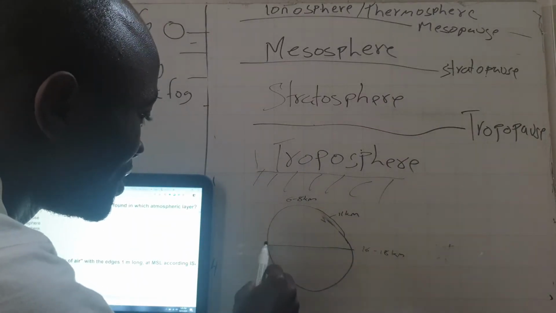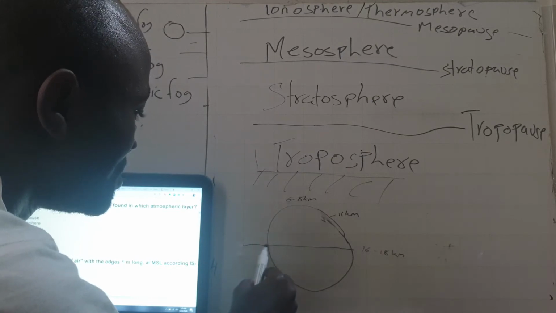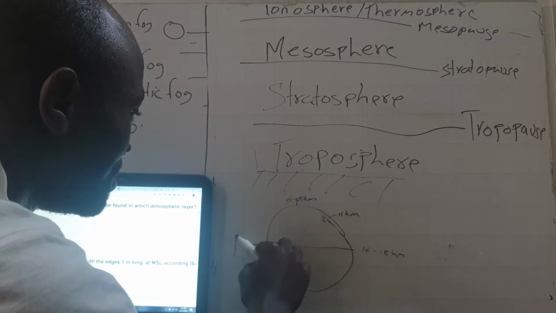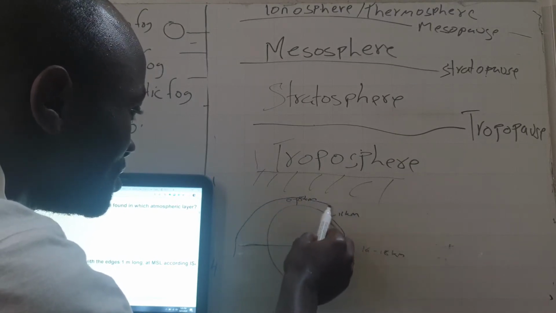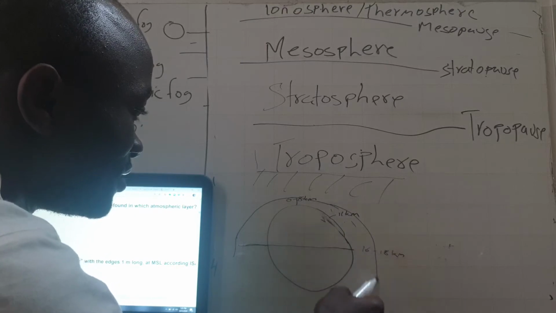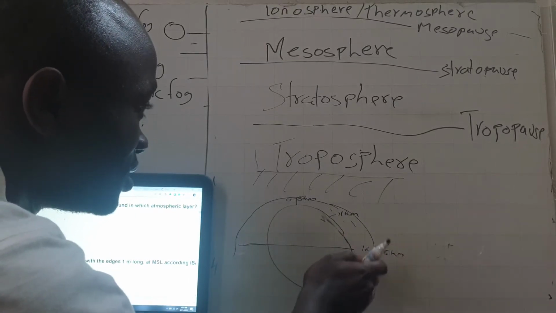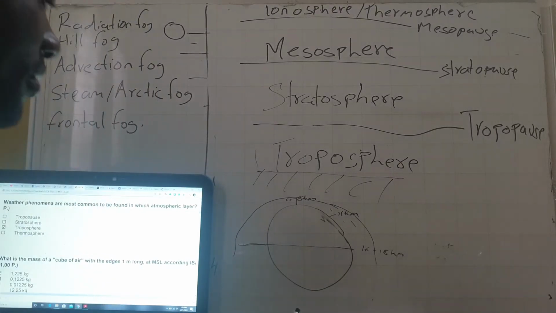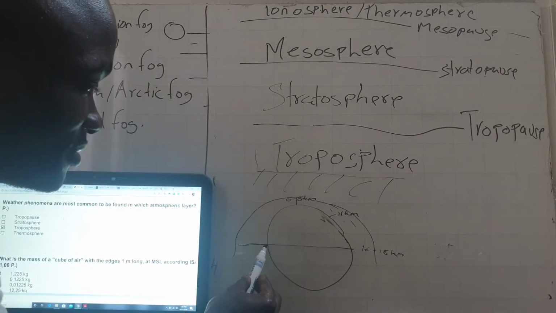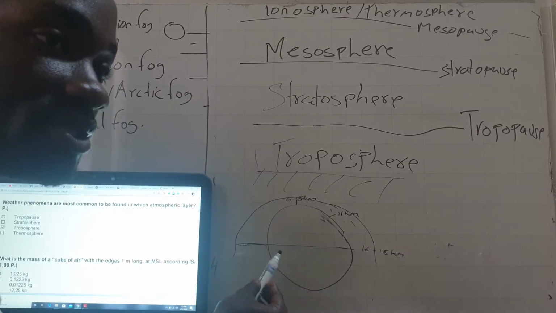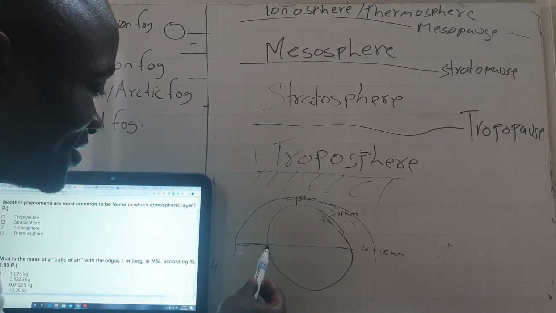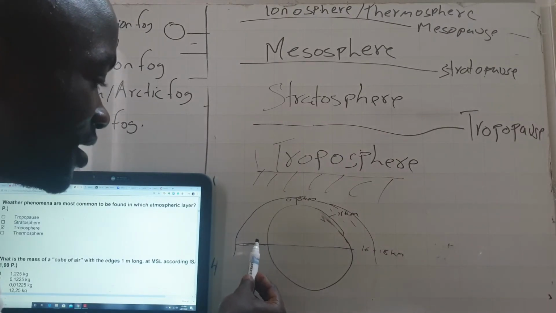So you can see that at the equator, the distance is very big as compared to the pole, for this layer that we are calling the troposphere. If you have a very big distance here, and you know the higher you go, the cooler it becomes, here you're going farther and farther away, higher and higher.